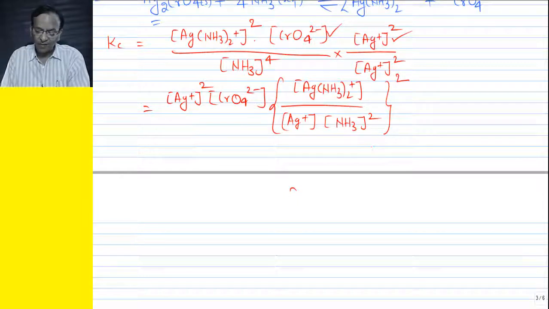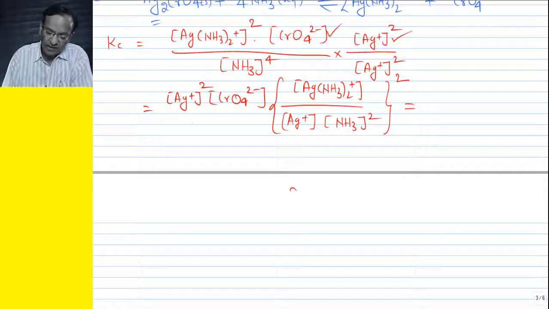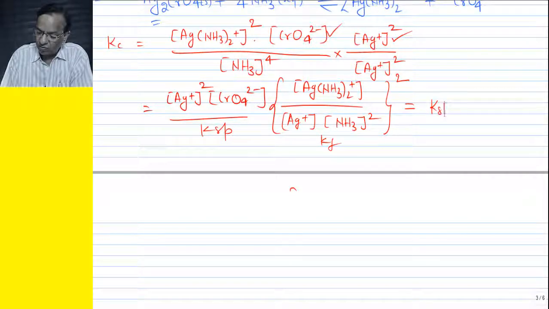So within the parenthesis it is nothing but Kf. So this is Ksp and this is Kf. So the whole term is Ksp into Kf square.